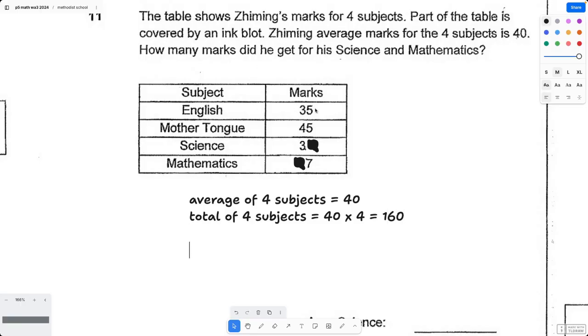Now we know that science and mathematics, total science and math, is equal to 160 minus 35 and minus 45. So 160 minus 35 minus 45 is basically 160 minus 80, and this will give us 80.